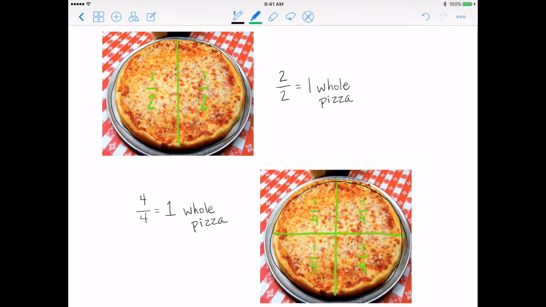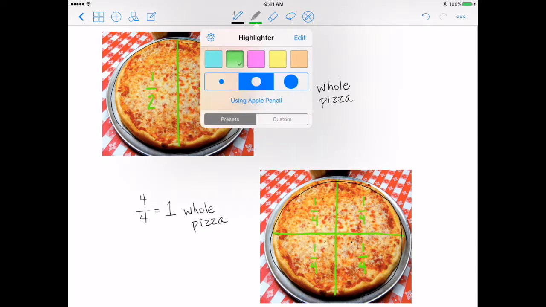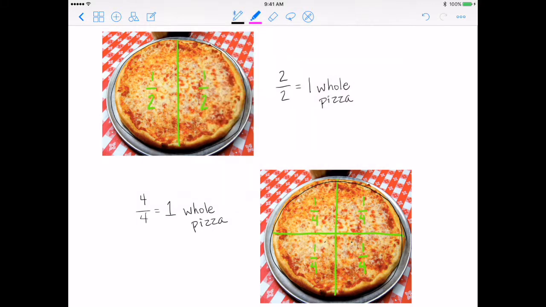So, if we color, and let's go with pink, 1/2 of my pizza, color, color, color, color. All right, so there's 1/2 of my pizza. How many 4ths do I need to be equivalent to 1/2?